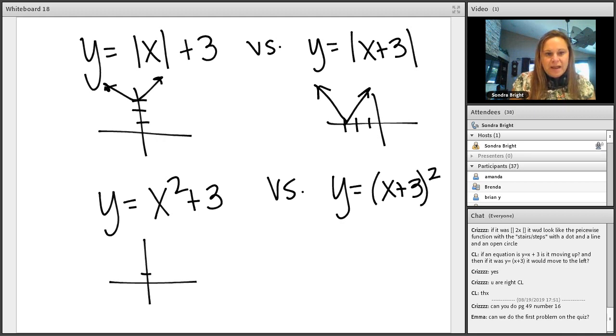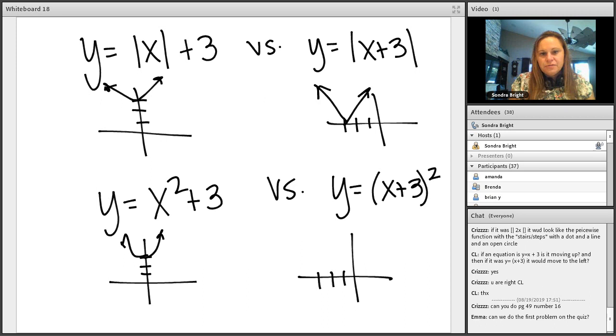This guy is a parabola being shifted up 3 units versus this is a parabola being shifted left 3 units. So it's very rare for the example you came up with, but with or without the parentheses, it's the equivalent equation. The same thing.